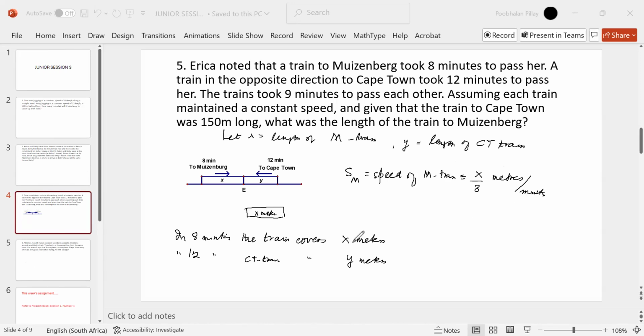Because it takes 8 minutes to travel X meters, so in 1 minute, it'll be X over 8 meters per minute. And similarly, the speed of the Cape Town train is Y over 12 meters per minute.